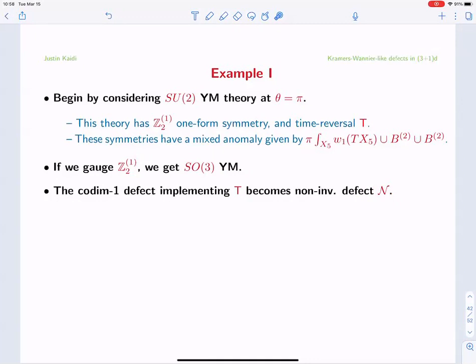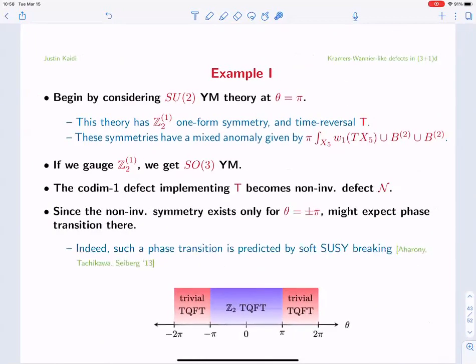And so this is somewhat suggestive that maybe there's some phase transition at theta equal to plus or minus pi. And indeed, exactly such a phase transition is expected on the basis of, for example, soft-SUSY breaking arguments. So for example, these authors here argued that the phase diagram of the SO(3) theory looks like this in the deep IR. For half of the values of theta, you're in some totally confining, trivially gapped vacuum.